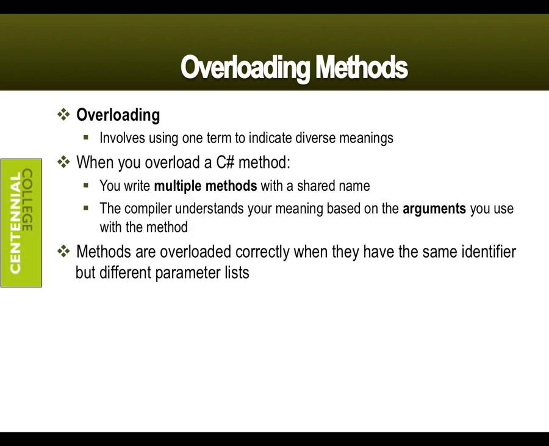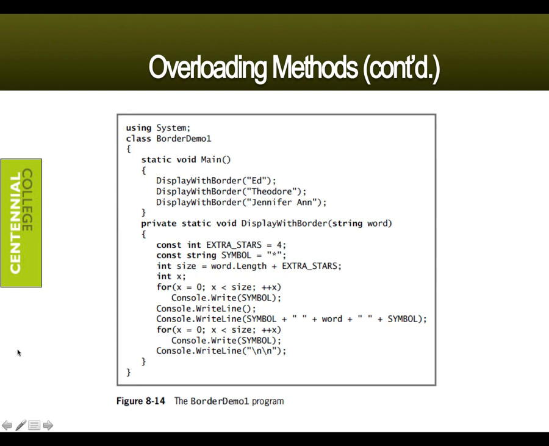And there are some keywords we have to use in order to do this. So here's an example of this overloaded method stuff. I'll get it out of your way so you can see. We have the main method, and we see DisplayWithBorders, which is the method that we're calling.